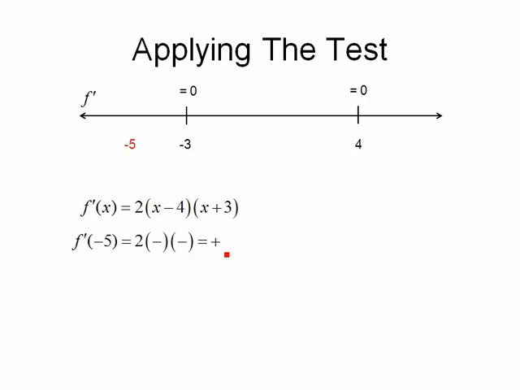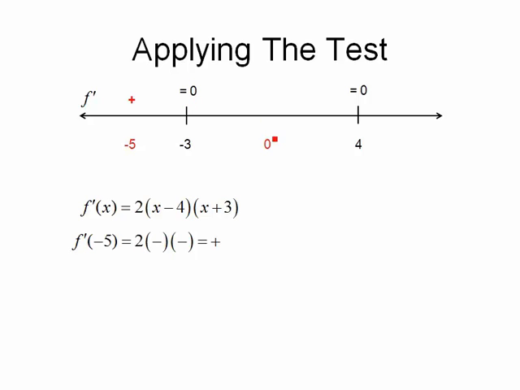Notice I really don't need to know what the numbers are. I just need to know whether they're positive or negative so that when I multiply them, I know what the final product is. So in the first section, I just got a positive value, and it's going to be positive everywhere in here until possibly it gets to where it's 0. Here is where it might change.